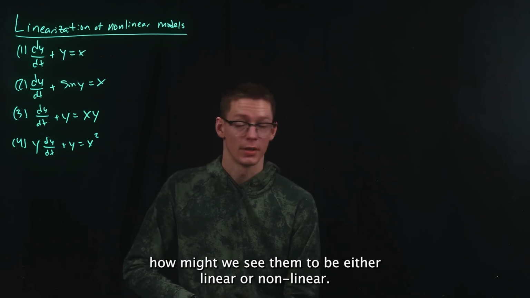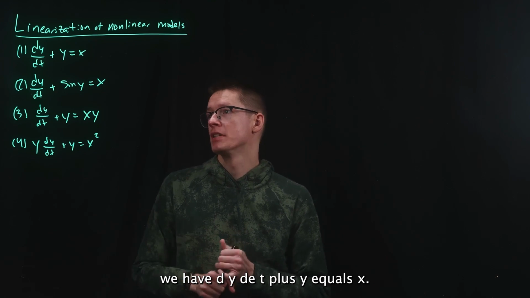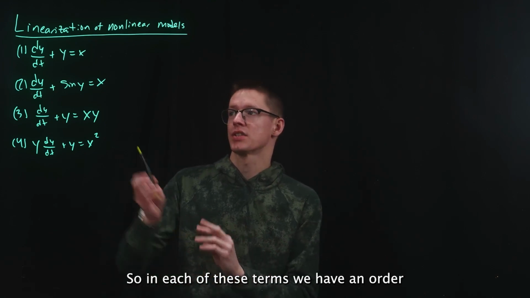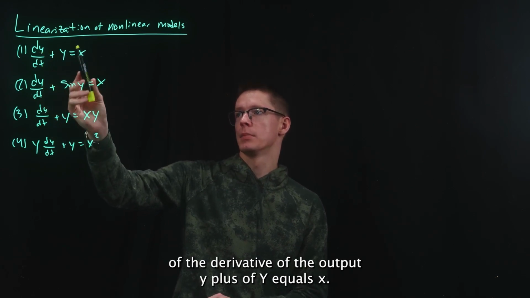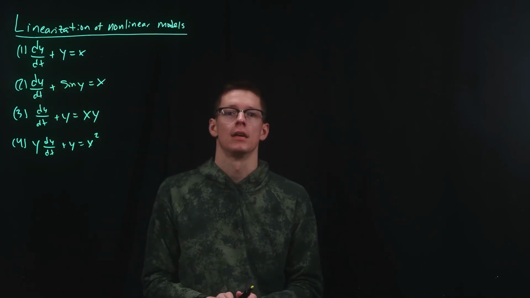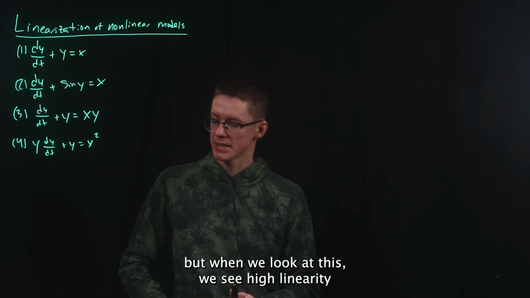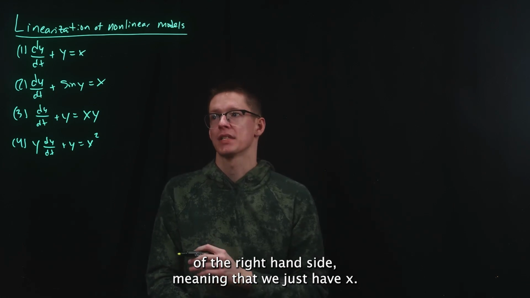So the first example that we show above, we have dy dt plus y equals x. In each of these terms, we have an order of the derivative of the output y plus a y equals x. Now we've already grouped the y onto the left-hand side, but when we look at this, we see linearity of the right-hand side, meaning that we just have x.